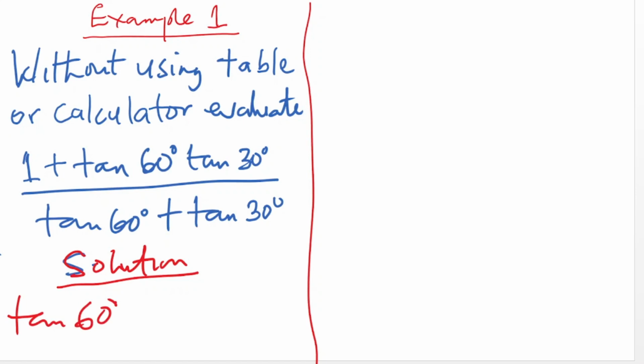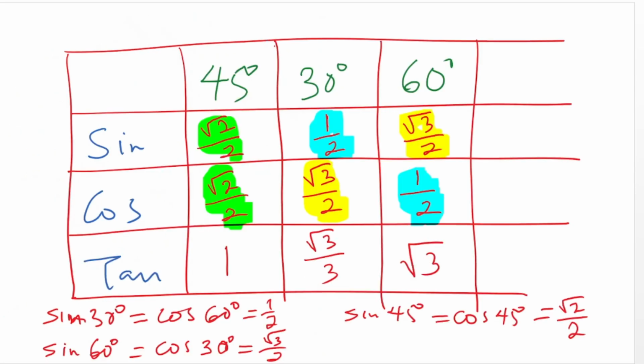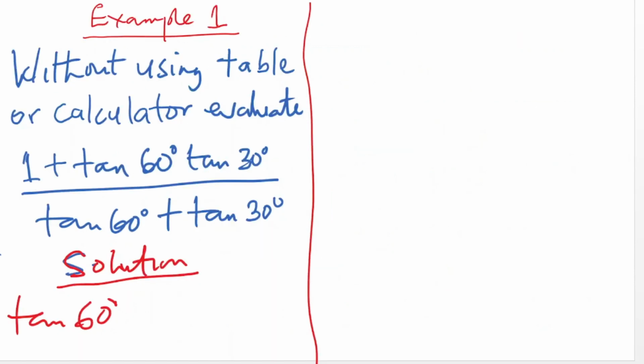If you look at the table we have there, tan 60 degrees is root 3. So we go to the question and write that is root 3. Then tan 30 degrees as well, we need to find that as well.